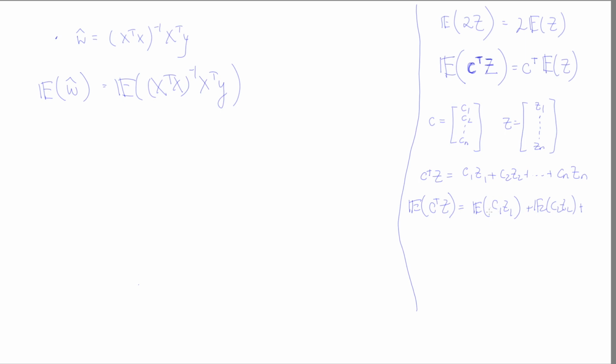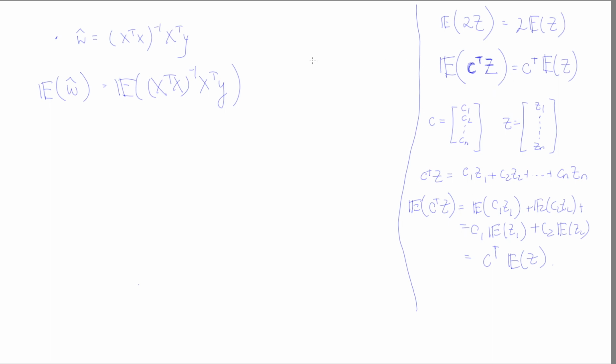We know that c1 is a constant, so this becomes c1 E[z1] plus c2 E[z2]. Hopefully you can see that this is just multiplying the constants by the expectation of the elements of z. So this is just c transpose expectation of z, and that's the reason why we can take it in like this.